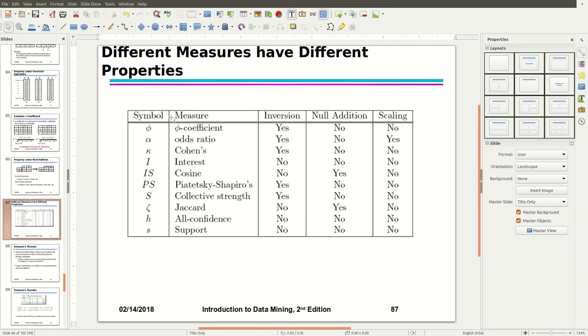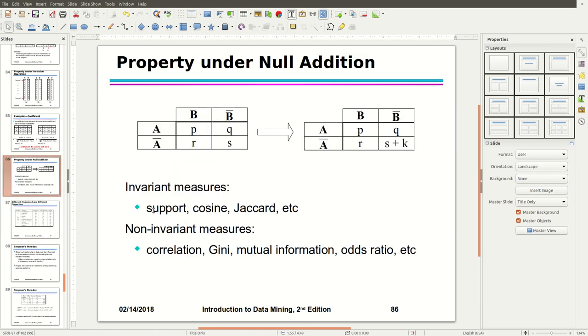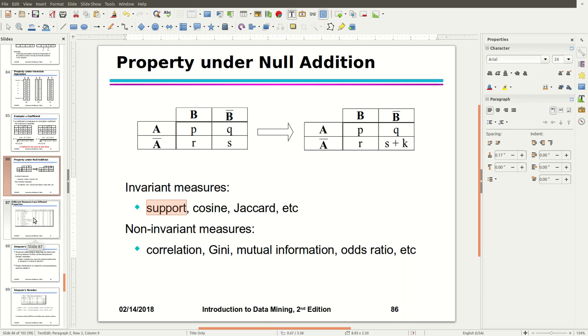Here is a summary of different measures with different properties in a table. Like, for instance, inversion, is it sensitive or not? Null addition, no. It supports or not supports, I believe. If you scale, it will be affected. Inversion, it won't be affected. I believe it means invariant. Like if you take one, for instance, here, invariant: support for null addition.